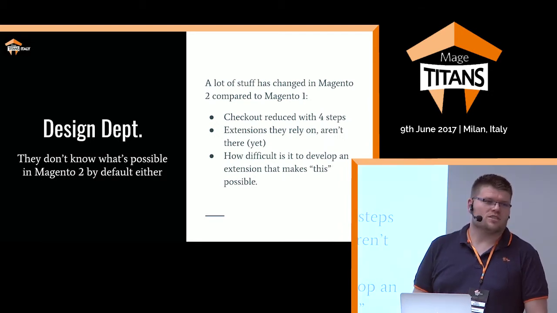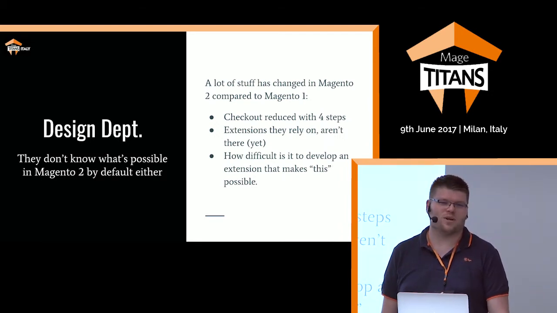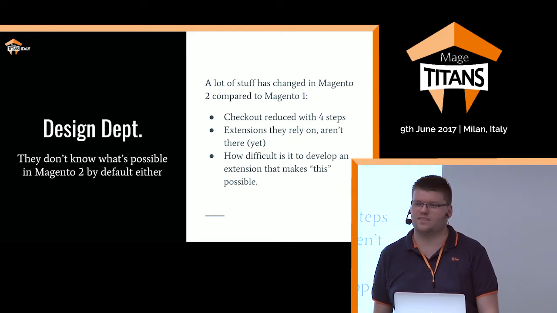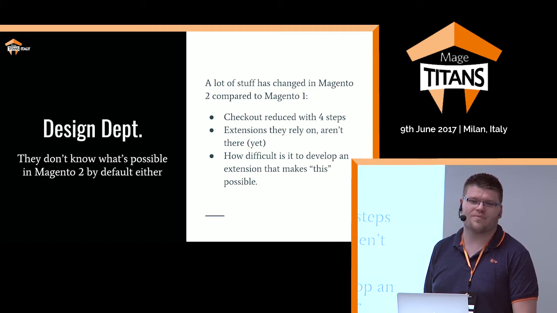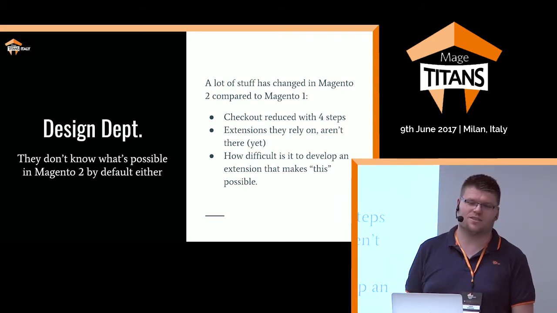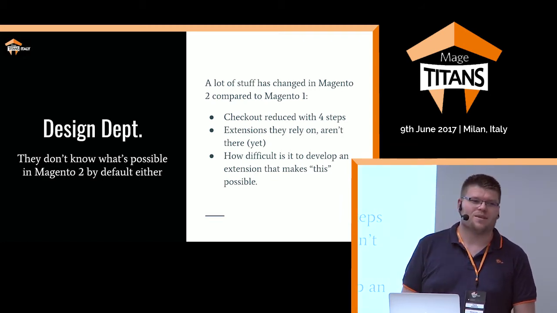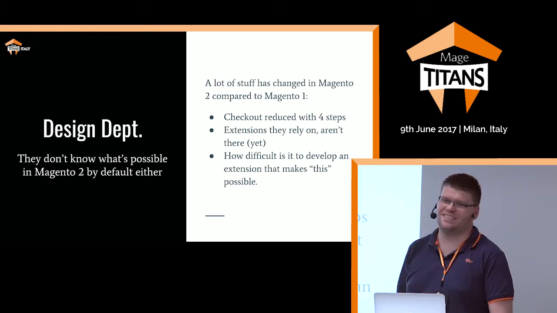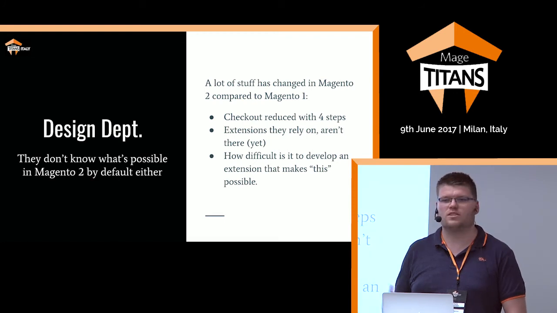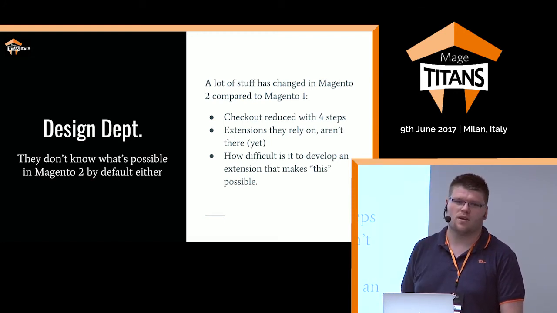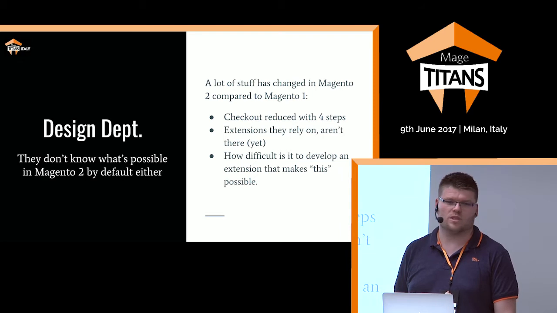And then the project started. The design department started with their designs, and the first design was based on Magento 1. For the homepage, that's not such a big issue. But for the checkout, it is. Also, we use a lot of the same extensions within the Magento 1 projects, which are not yet available within Magento 2.